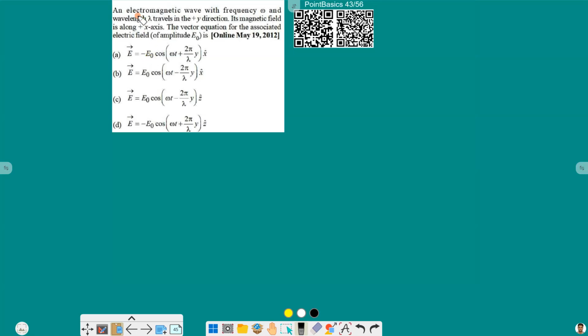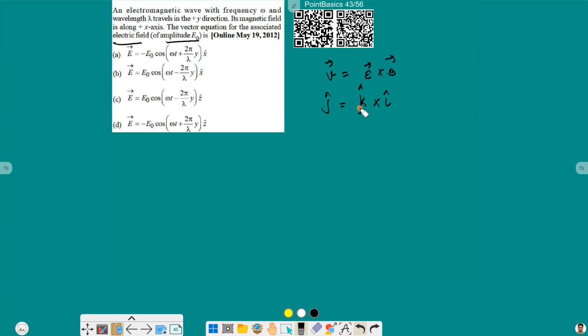Here the electromagnetic wave of frequency omega and wavelength lambda travels in the positive y direction. Its magnetic field is along the positive x-axis. The vector equation is associated with the electric field of amplitude E naught. So basically, the wave travels in the y direction, and we know that V is equal to E cross B. So the wave is traveling along J. Now we have the magnetic field along the x-axis, so here we have I. To get J here, we need to have K here.